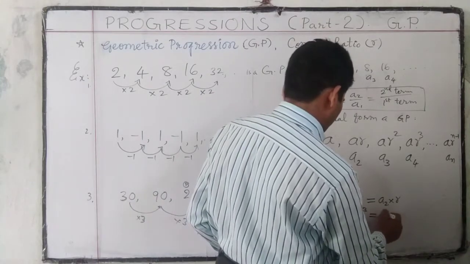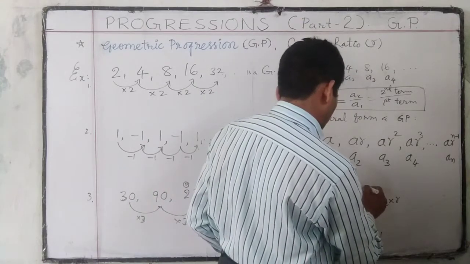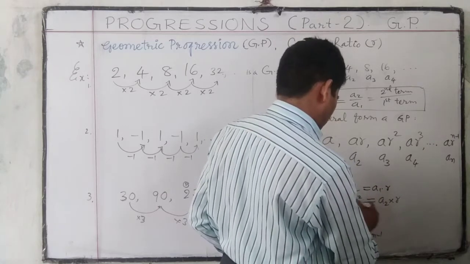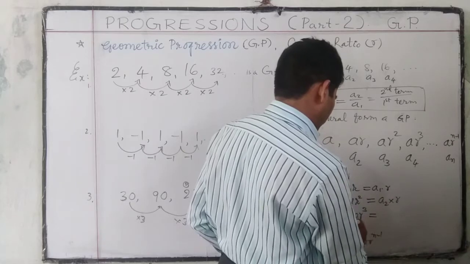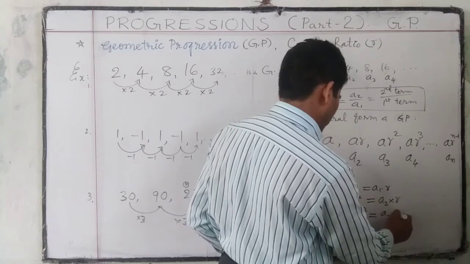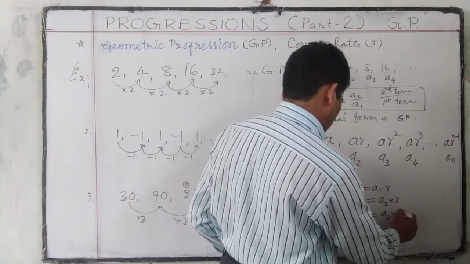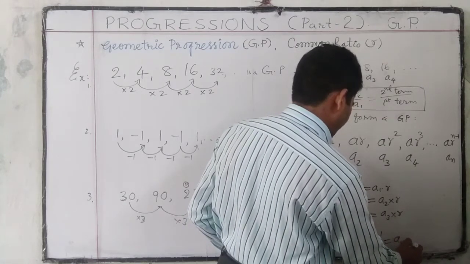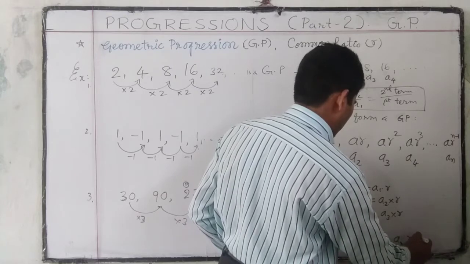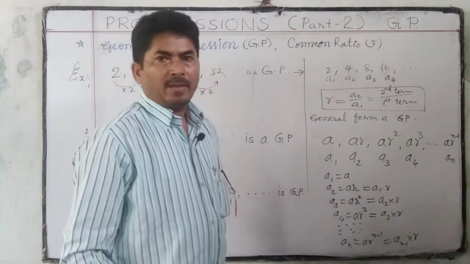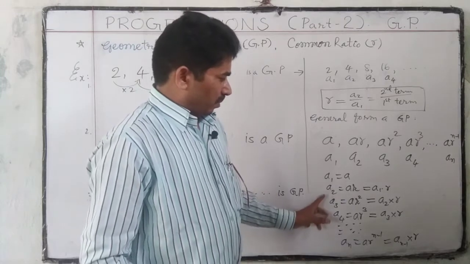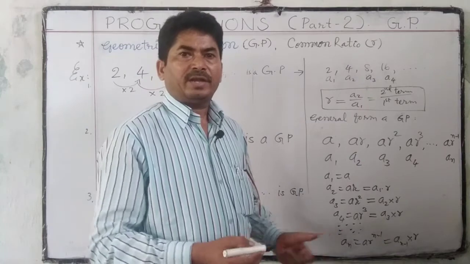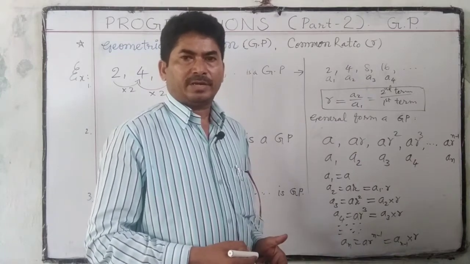So a2 is equal to a1 into r, a3 is equal to a2 into r, a4 is equal to a3 into r, an is equal to an minus 1 into r. So this is the method to understand and find answers in the exercise.